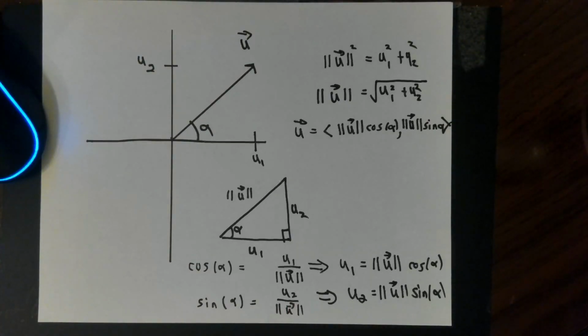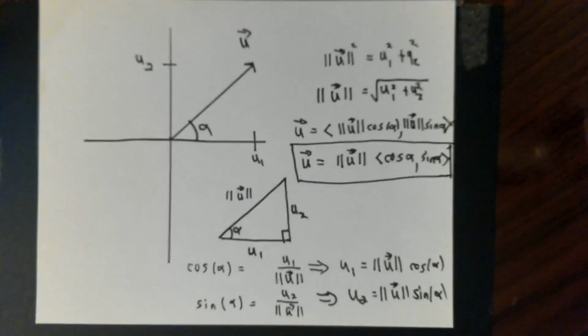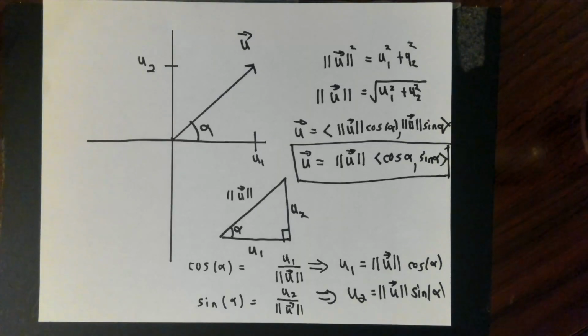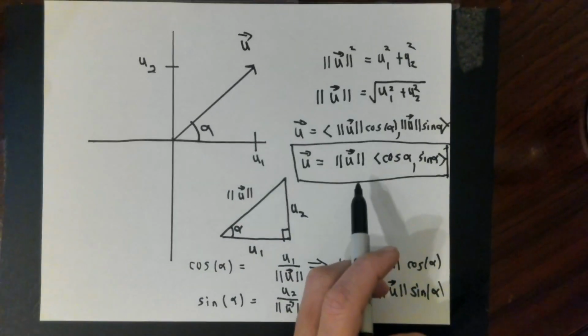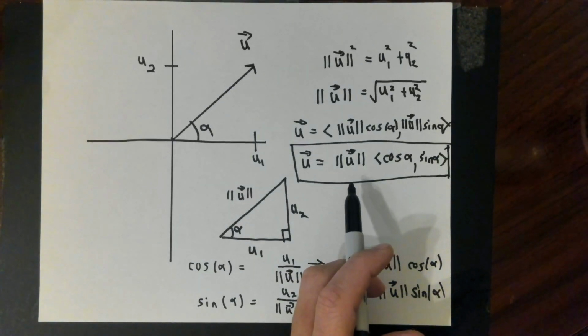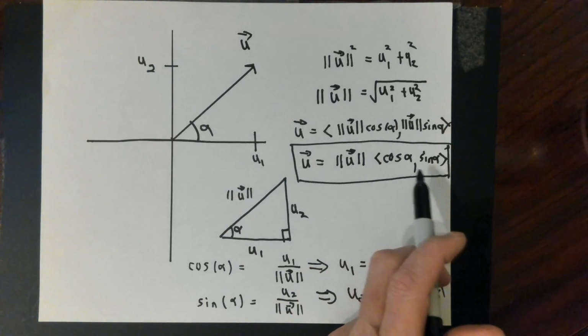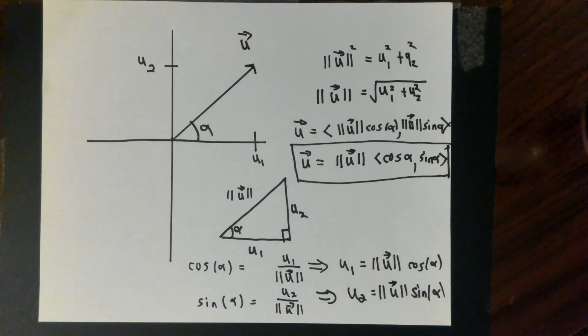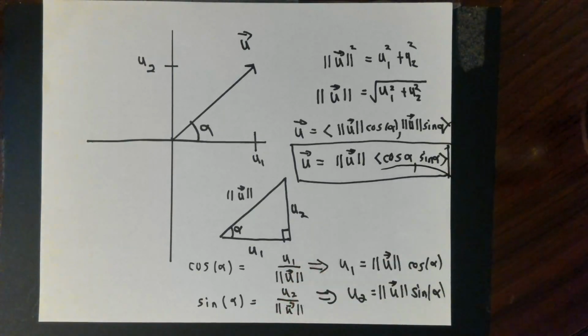By the way that we've decided how to multiply a number by a vector, though, I can split this up some more. So yet another way I can think about vectors is a vector, which is an arrow, is a number, the length of the vector, times another vector that has cosine and sine of the same angle as its components. It's not difficult to show that the magnitude of a cosine sine vector like that is always 1.